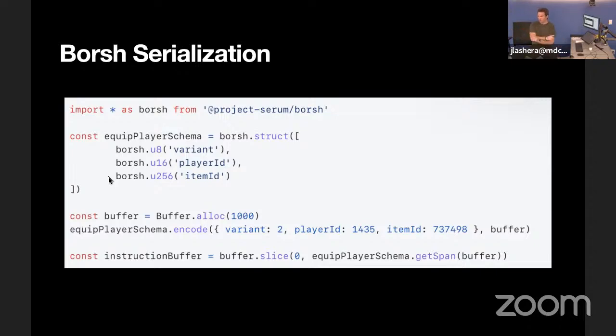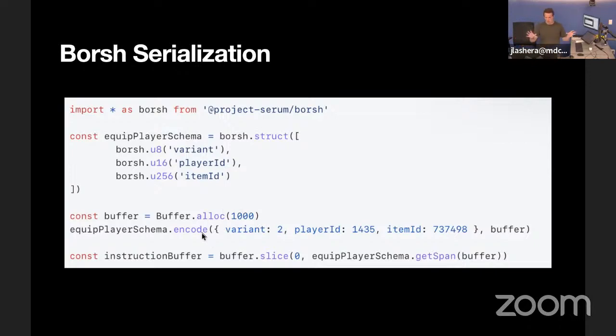If you swap the order relative to what the program is expecting, say the program expects variant first and you put player ID first, you might get an ID that doesn't match a variant, or probably worse, does match a variant, but it's not what you're expecting. So order matters. And then you create a buffer, and then you use the encode function on that layout to put actual data into that buffer.